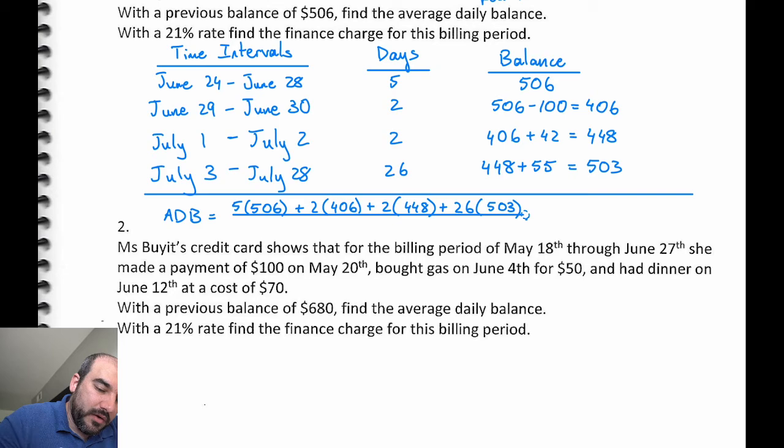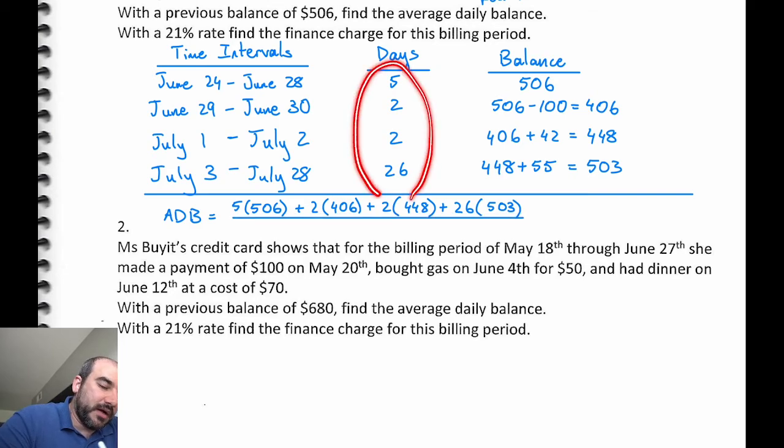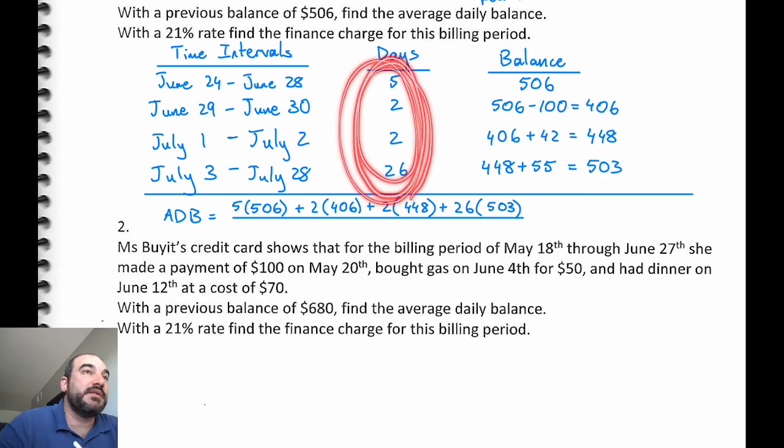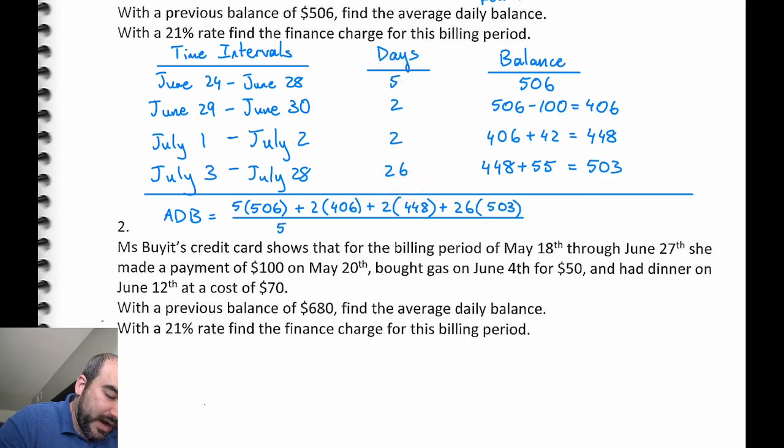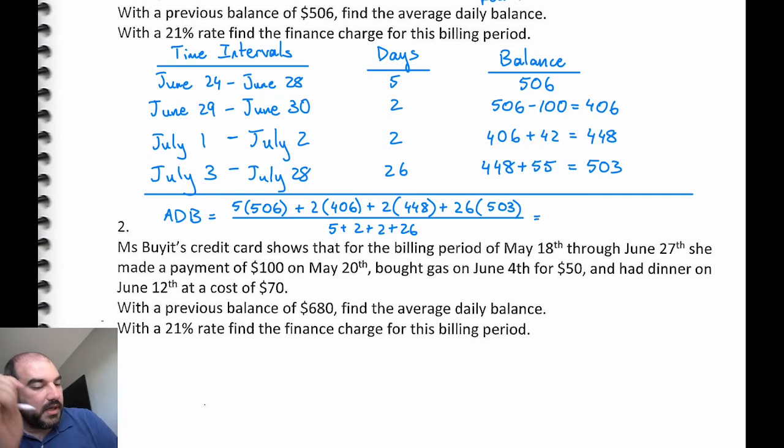We're going to divide that whole thing by the total number of days in this billing cycle, which will be the sum of these days. Right, so we're going to have 5 plus 2 plus 2 plus 26 as our denominator here. And we're going to compute all of this. You will need a calculator to do this.